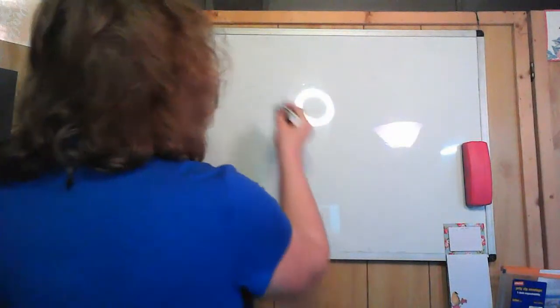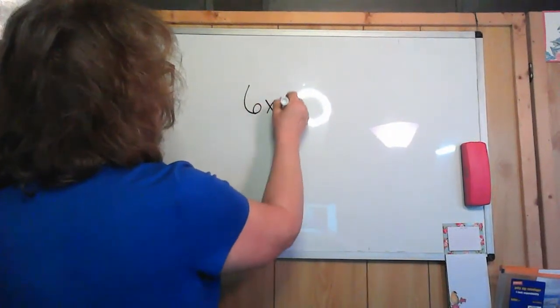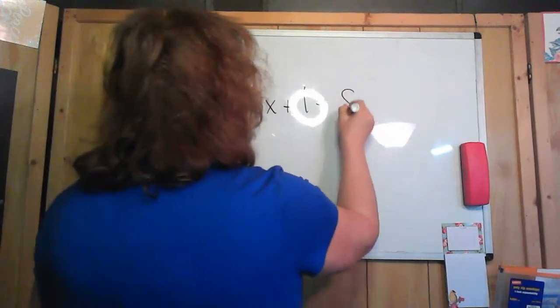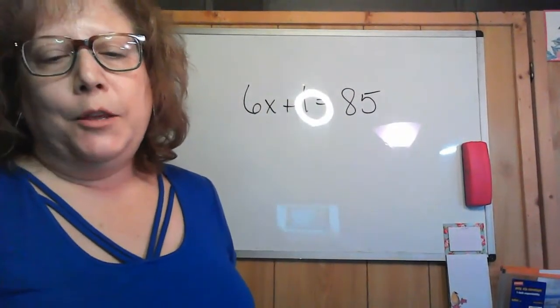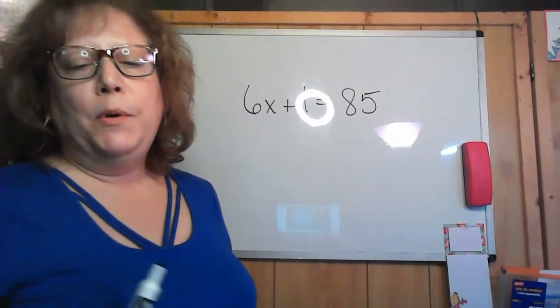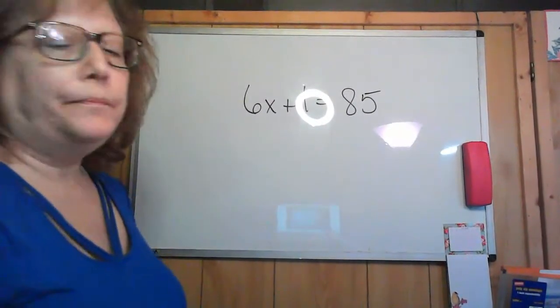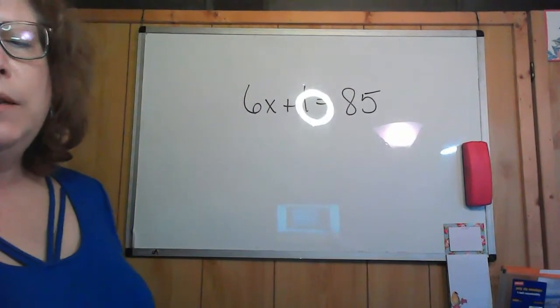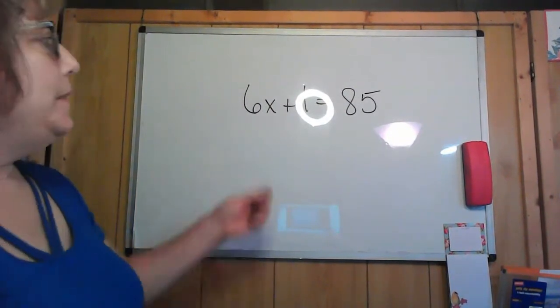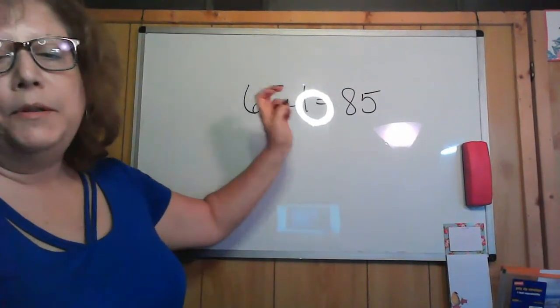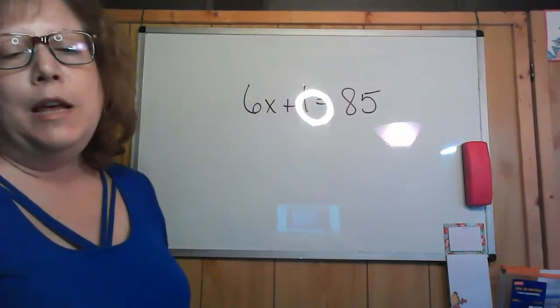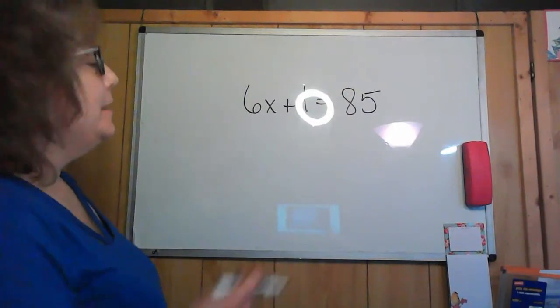So let me put that up on the board. 6x plus 1 equals 85. If you're lost, you need to go to page 63. We're looking right in the middle of the book at example number 4. It's giving us an algebra problem, and we know that the 6x plus 1, the degrees on the one side, is going to be equal to the 85 because there's an angle bisector.